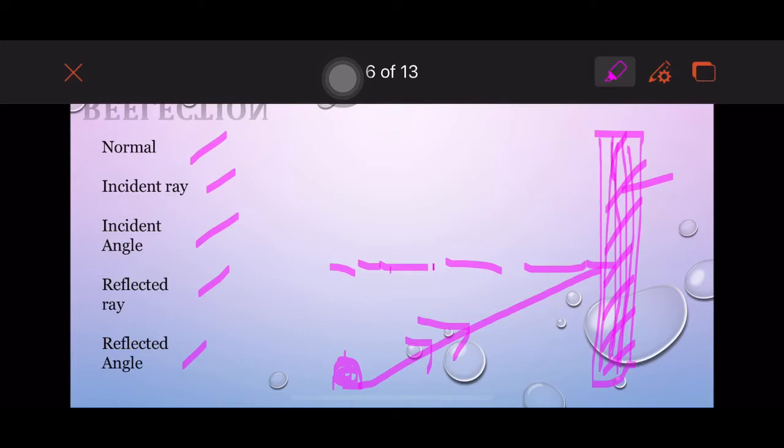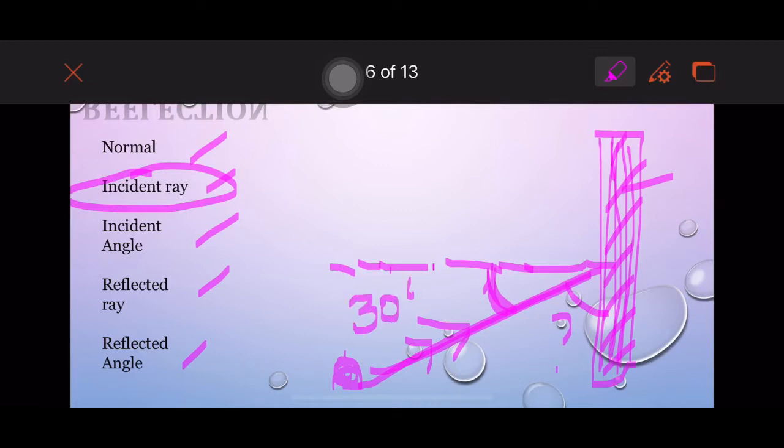This ray is called our incident ray, and that incident ray forms an angle with the normal. Most students have the misconception that the incident angle is this one. No, this is not the incident angle. The incident angle is the angle formed by the incident ray with the normal. So this is our incident angle. Let's say it's 30 degrees.